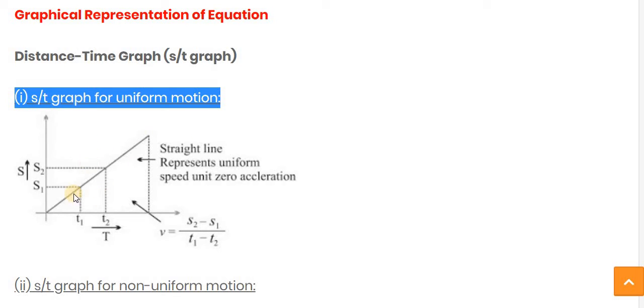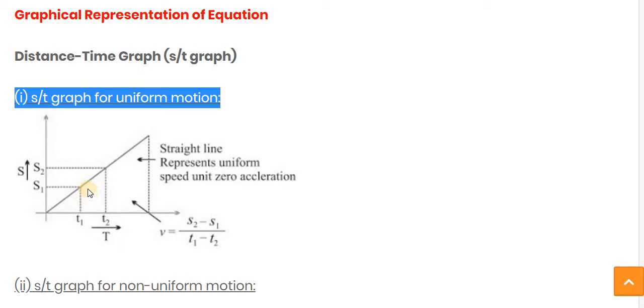Here you can see the first graph represents uniform motion. Why do we know that it is uniform motion? Because in this graph we get a straight line. Why do we get this straight line? Because at regular time intervals the object covers equal distance. In such a condition we get this straight line graph, which denotes that uniform motion occurs.